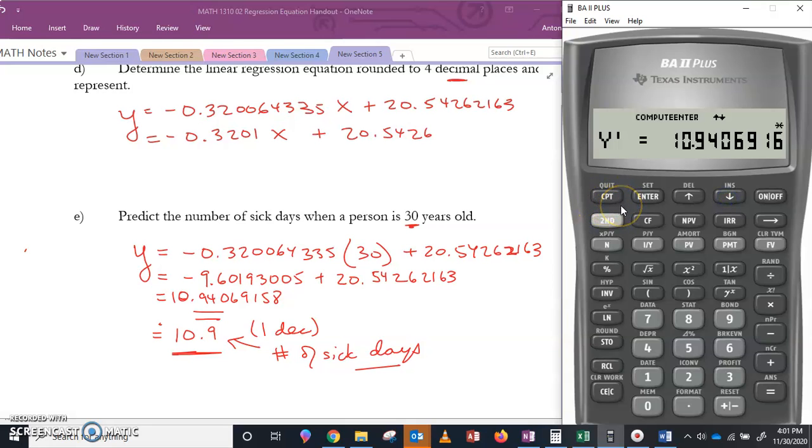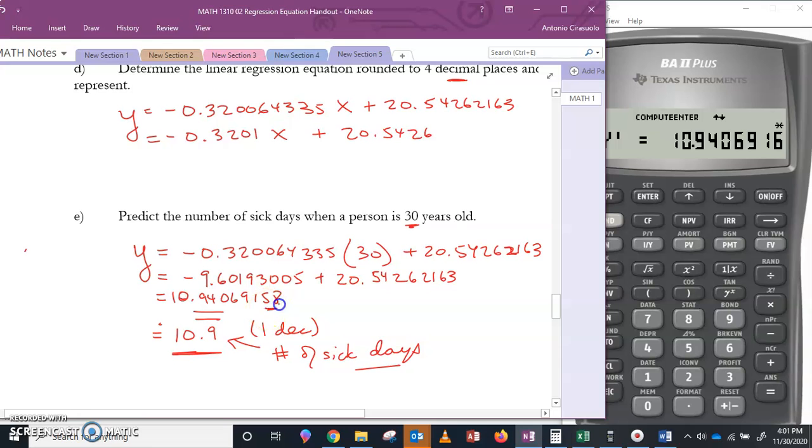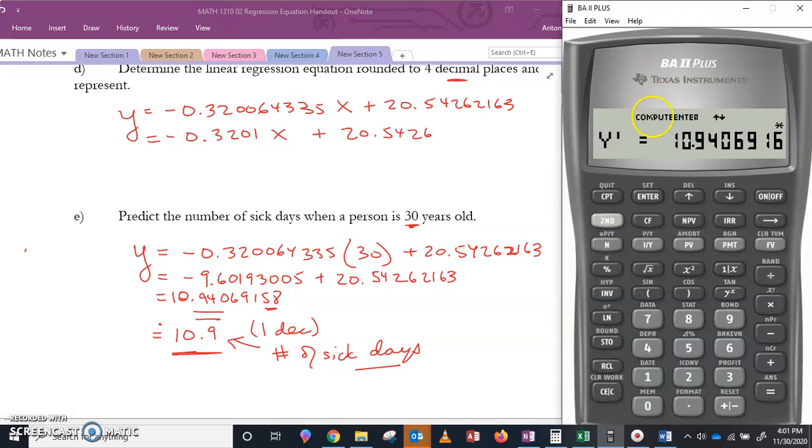And sure enough, there's the same value. Now, there is a rounding difference here, okay? But you can see that to the 1 decimal place, you get the same value. All right, so the test situation, I do expect all you have to do is use the calculator to find your predicted value when you plug in your x value.